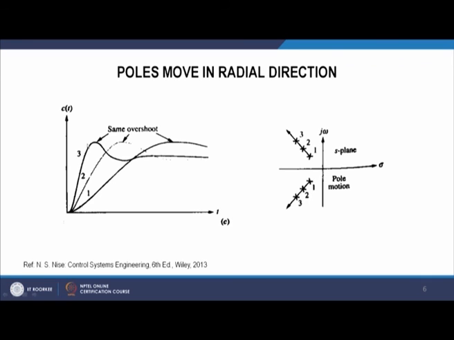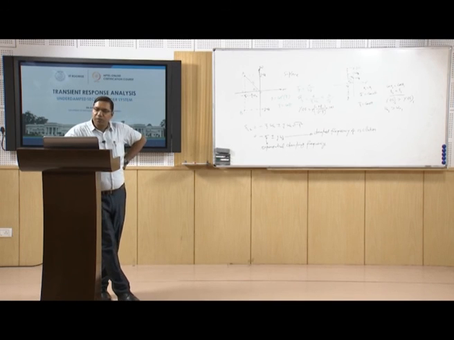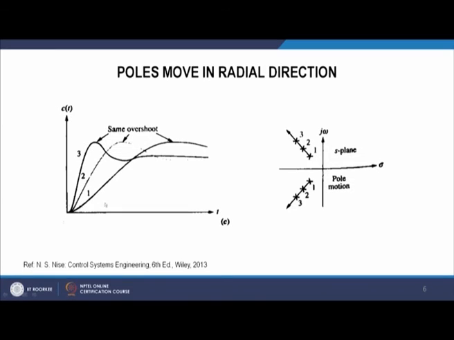So we can see from this curve we have the same percentage overshoot. However, the peak time is also decreasing, because we are moving in the radial direction, so we are also increasing the omega d, that is the imaginary component, and so your peak time is inversely proportional to omega d, and therefore your peak time will also decrease.